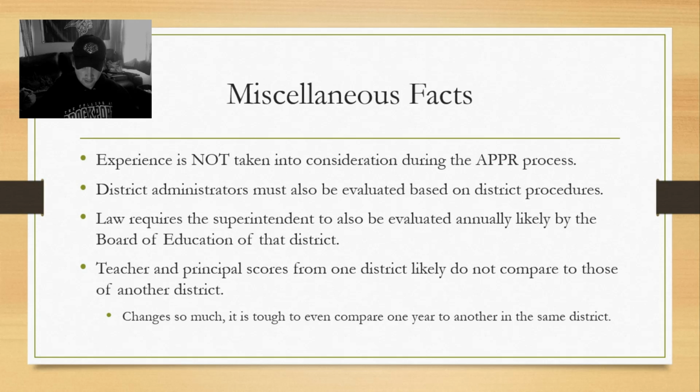And the teacher and principal scores from one district likely do not compare to those of another district. So it just shows how much variance there is between, like, one high school versus another. And even the second point right down here, it's tough to even compare from one year to another in the same district. That's just how much stuff gets changed.